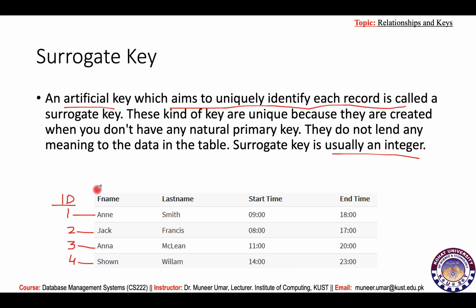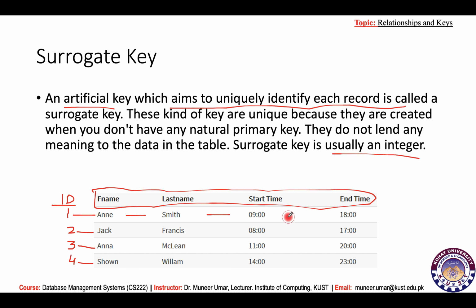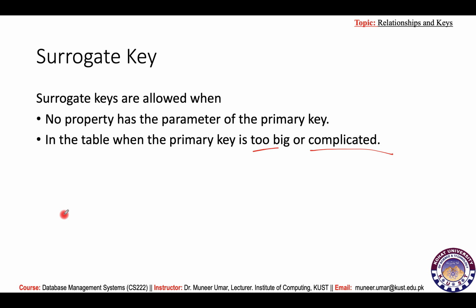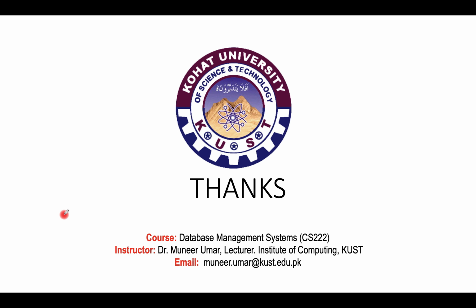Now if I combine all these attributes and make a composite key, then we may get a unique combination, but this would be very complicated, and this is a very big key. So to avoid such a situation, it is better to use a surrogate key. Thank you.